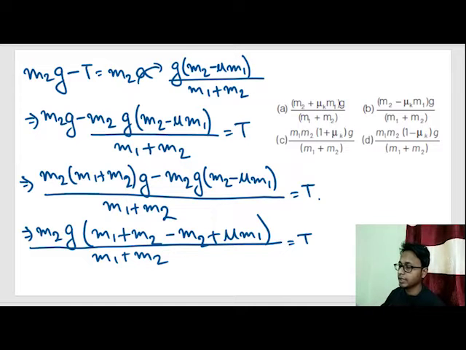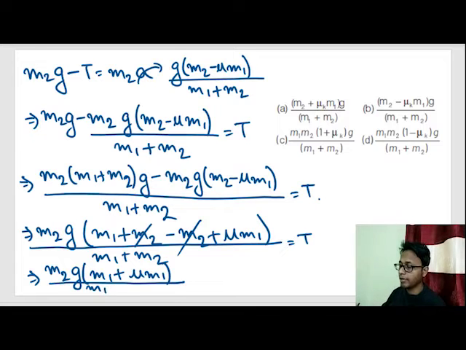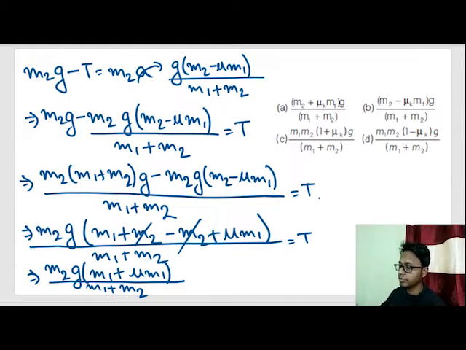Now see, plus M2 and minus M2 get cancelled. So T is equal to M2G into M1 plus mu M1 by M1 plus M2. Now see, can I take M1 common from here? M1 plus mu M1.